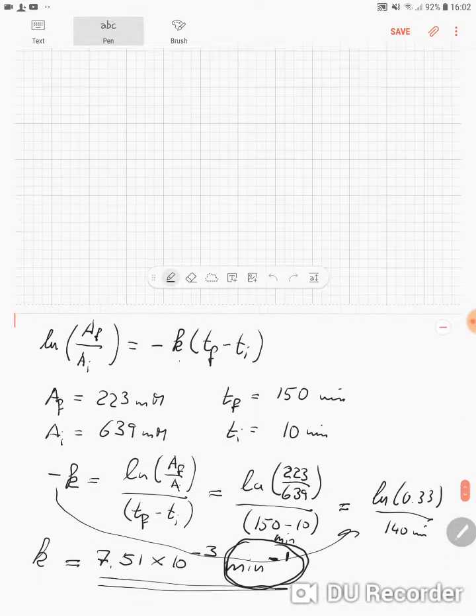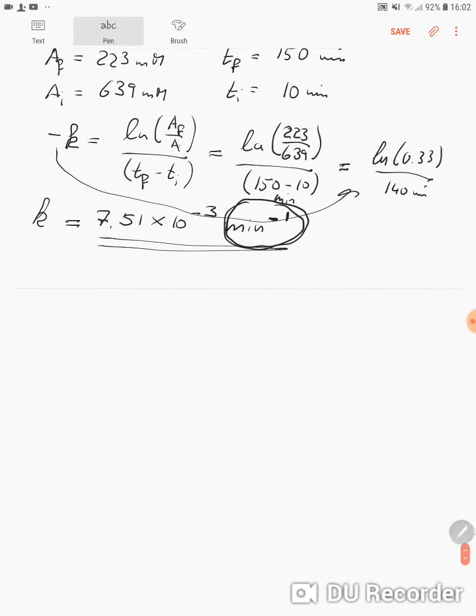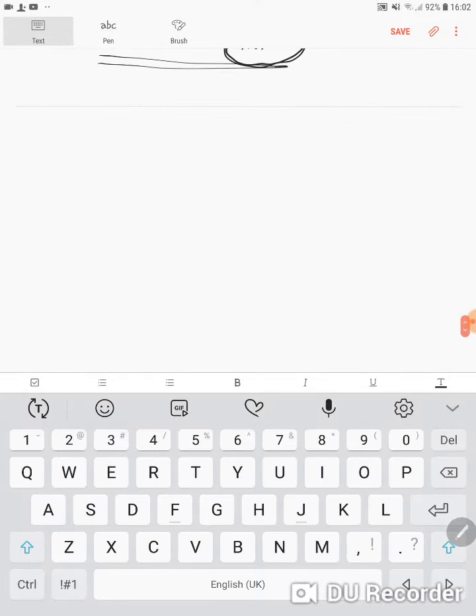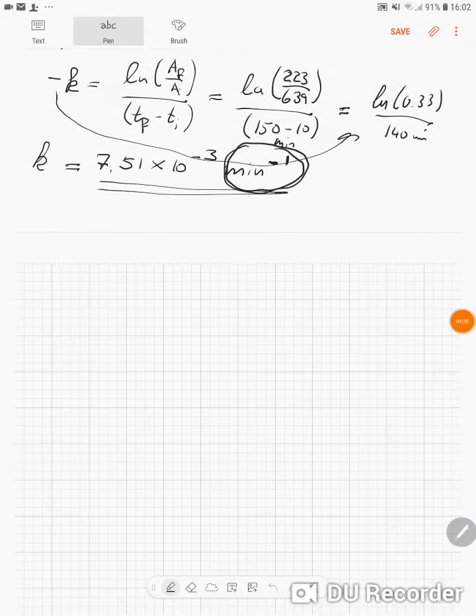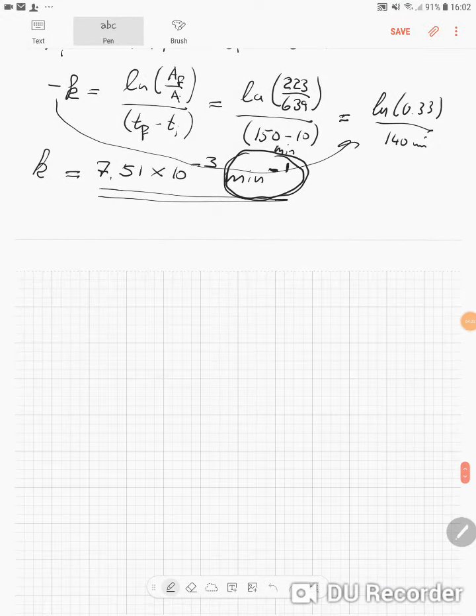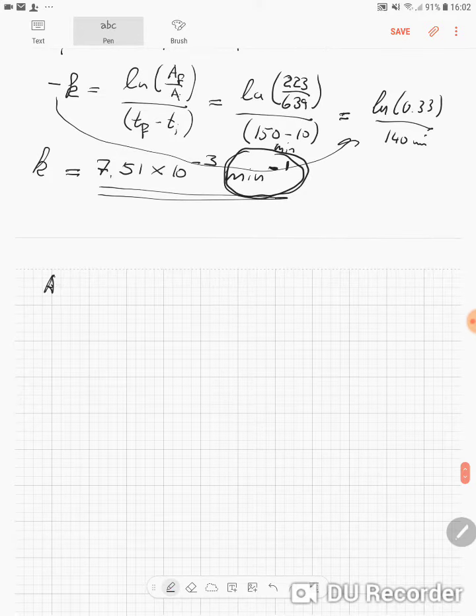We use the equation A final equals A initial times e to the power of minus k times t final minus t initial.